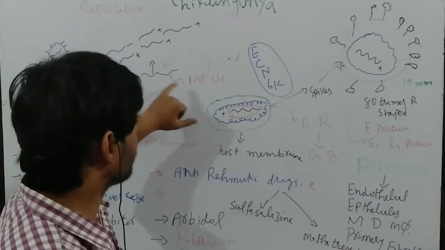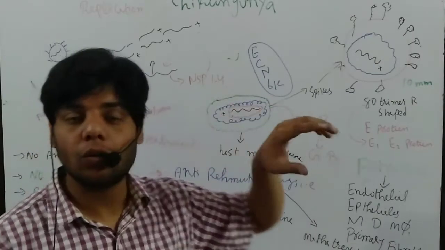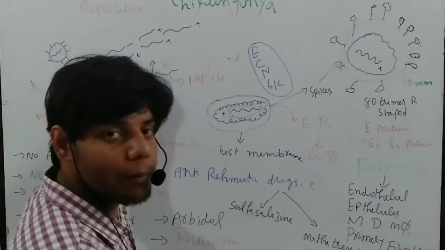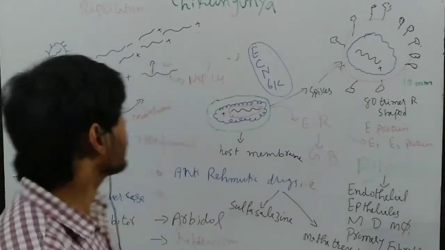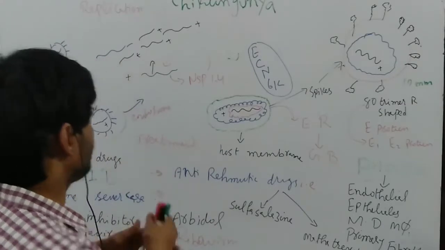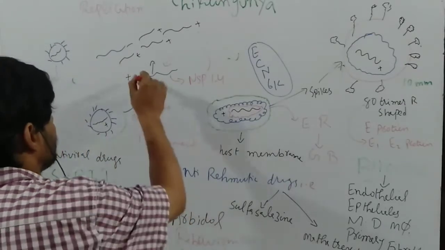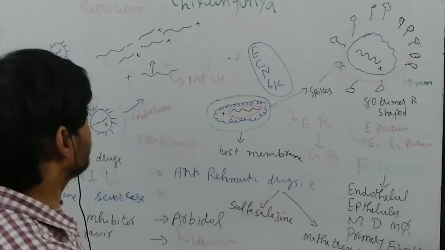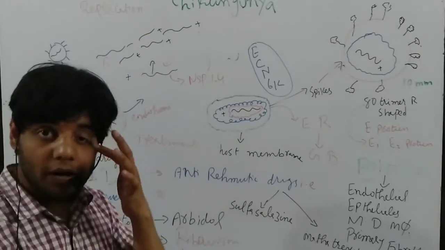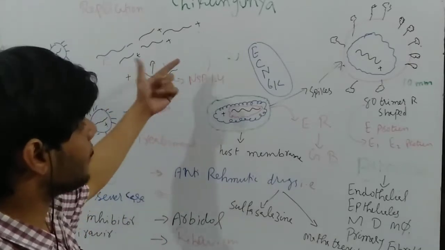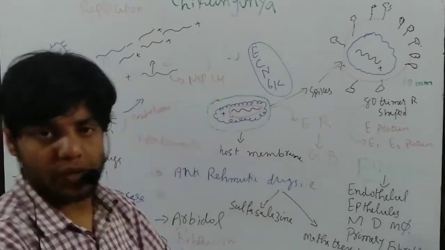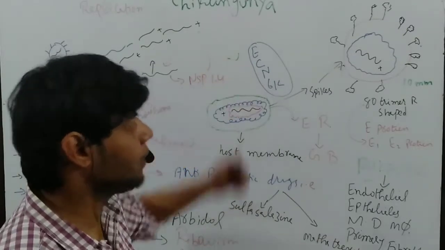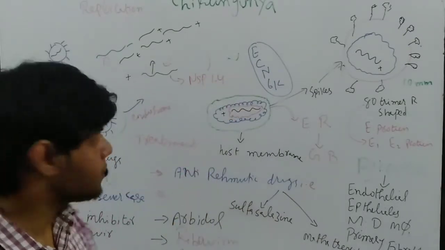This positive mRNA can synthesize the non-structural proteins. Non-structural proteins use this positive mRNA as a template and produce the negative mRNA. From the negative mRNA we get more positive mRNA, and from the positive mRNA we get more structural proteins, and these are the envelope protein, capsid protein, nucleoprotein, and the 6K polypeptide proteins.